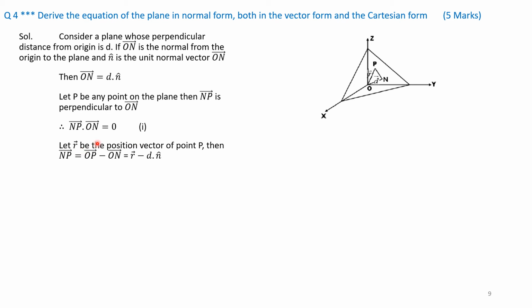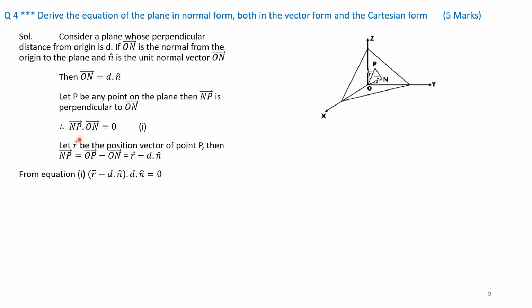Let vector R be the position vector of P, then NP is equal to OP minus ON. That is equal to R minus d n cap. Therefore, from equation 1, we get (R minus d n cap) dot d n cap equals 0.